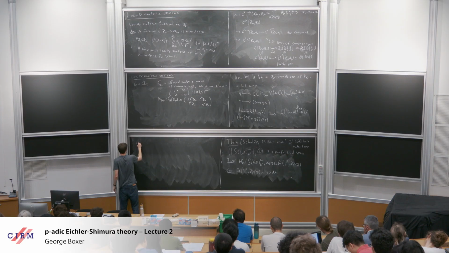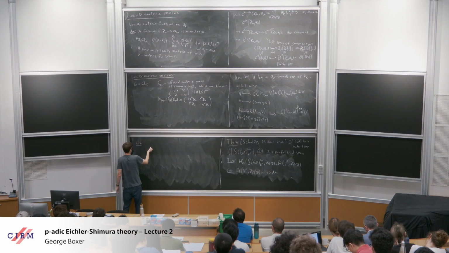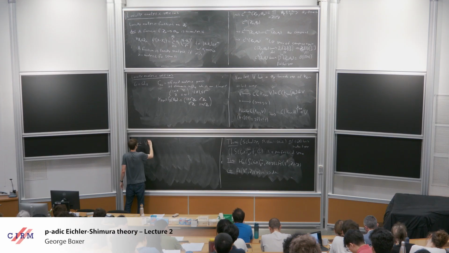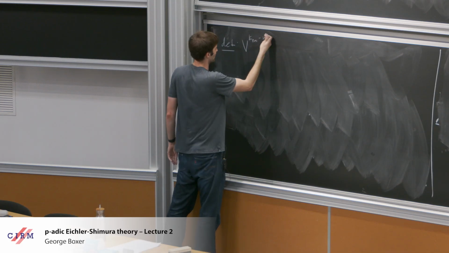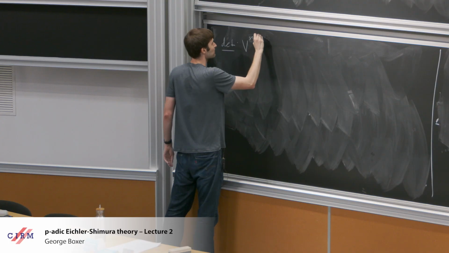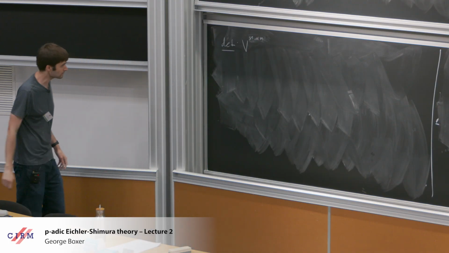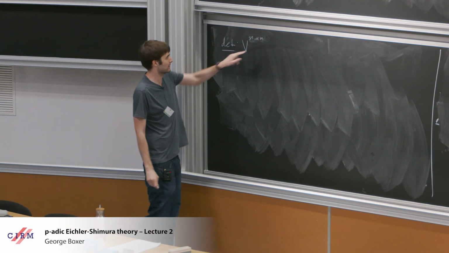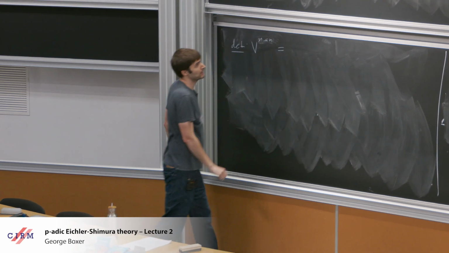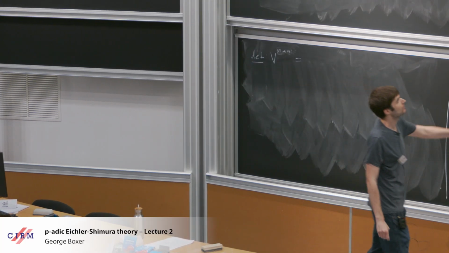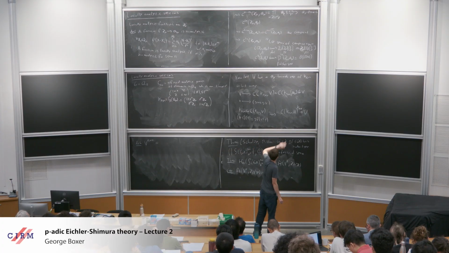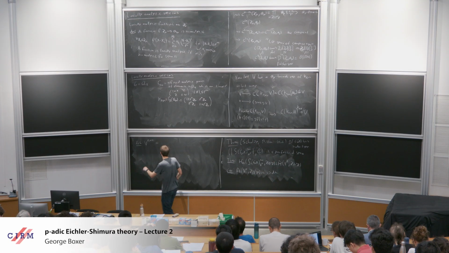So the definition is that the Kpn, well, let me just call it the n analytic vectors. The n analytic vectors are going to be, we basically replace this function space with the ring of analytic functions.